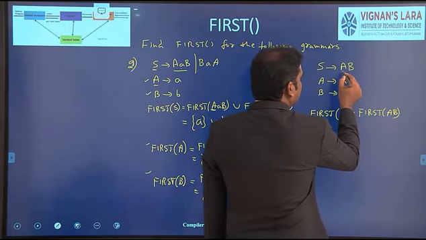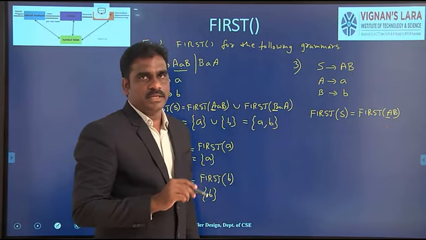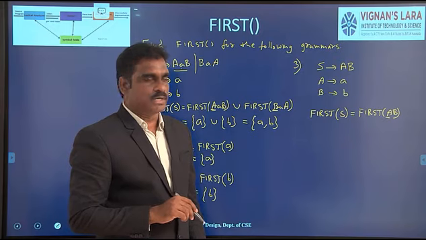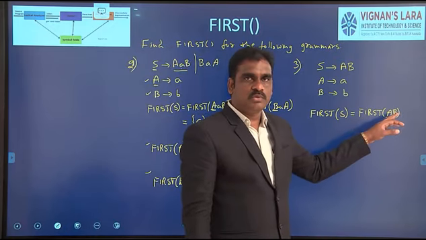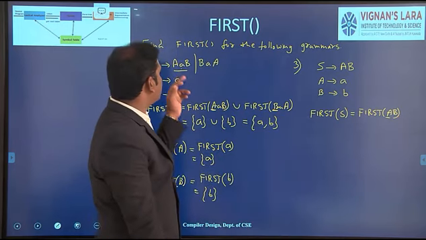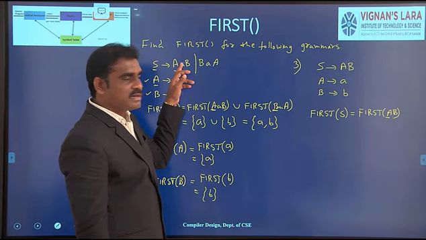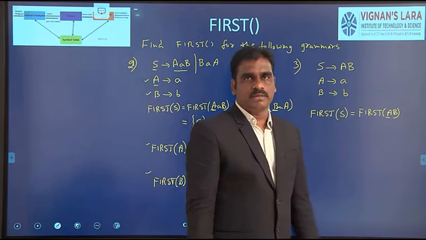Here we are concentrating on only the first symbol, that is A. And one more condition here: AB are two consecutive non-terminal symbols, whereas in the earlier case it was non-terminal, terminal, non-terminal.